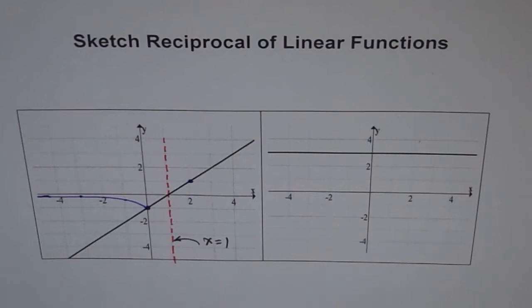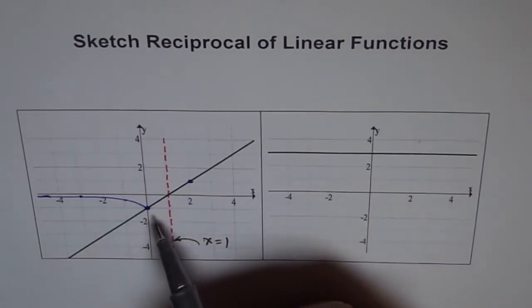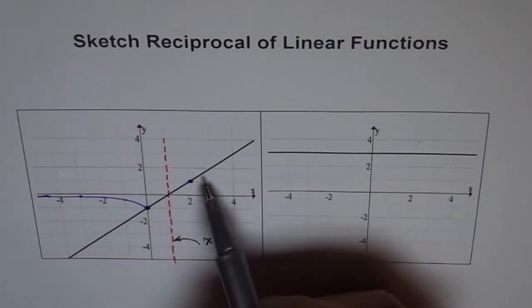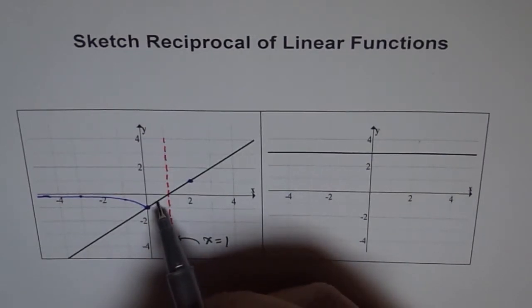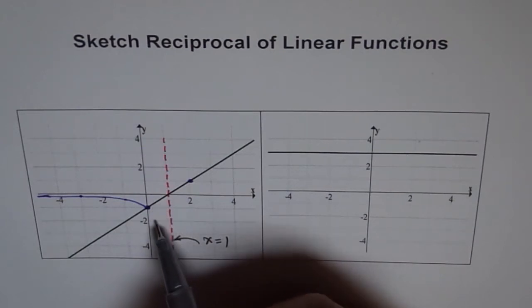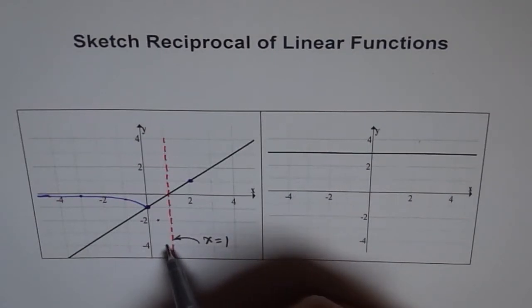Do you see that? Now let's look into the points where the linear function is less than minus 1. So let's say here it is half. So reciprocal of half will be minus half, will be minus 2. So we get a point here, right? Let's say this is very close and this is like 1/4, negative 1/4. So reciprocal will be positive 4.